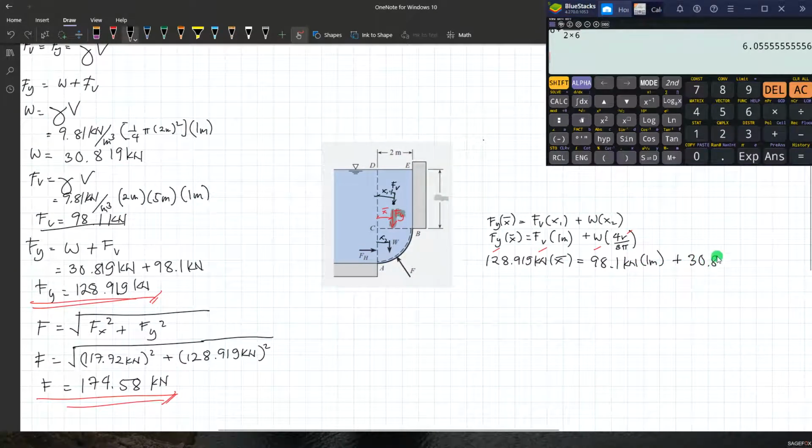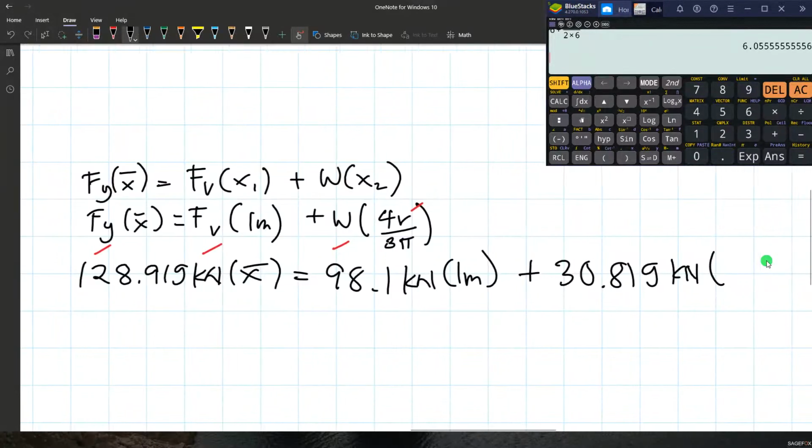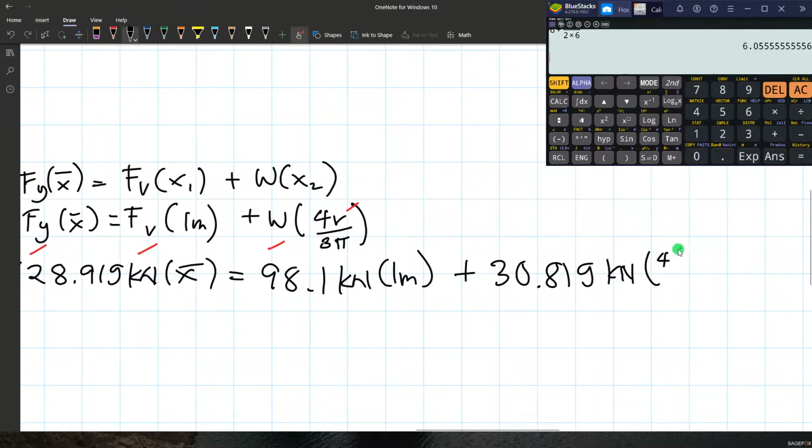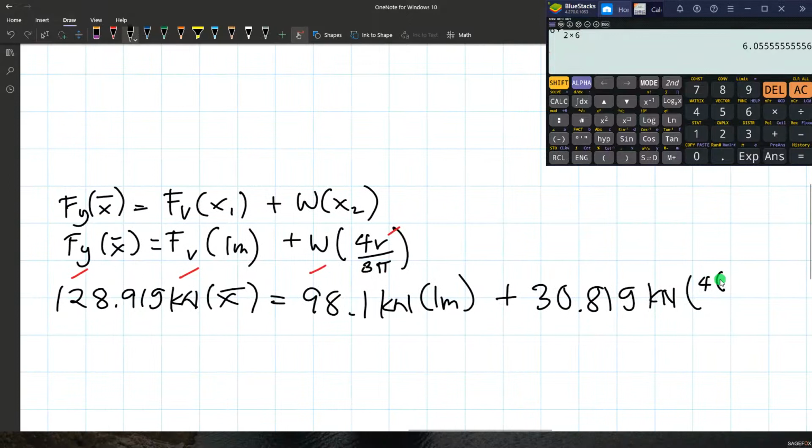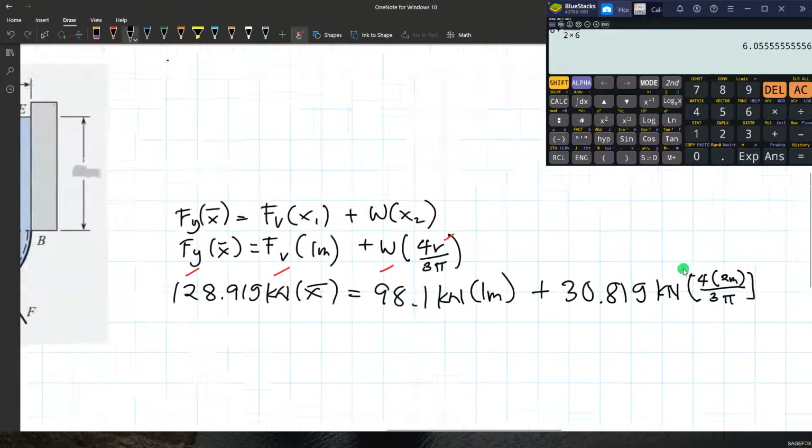W is 30.819 kilonewtons times this solution right here. That is 4 times R. R is 2 meters, so 2 meters, 4R over 3 pi. So let's compute first each term.